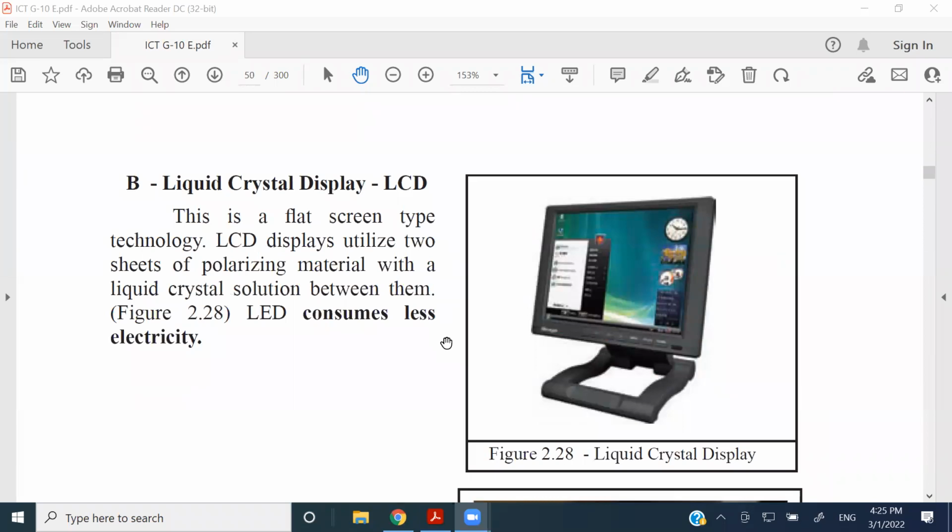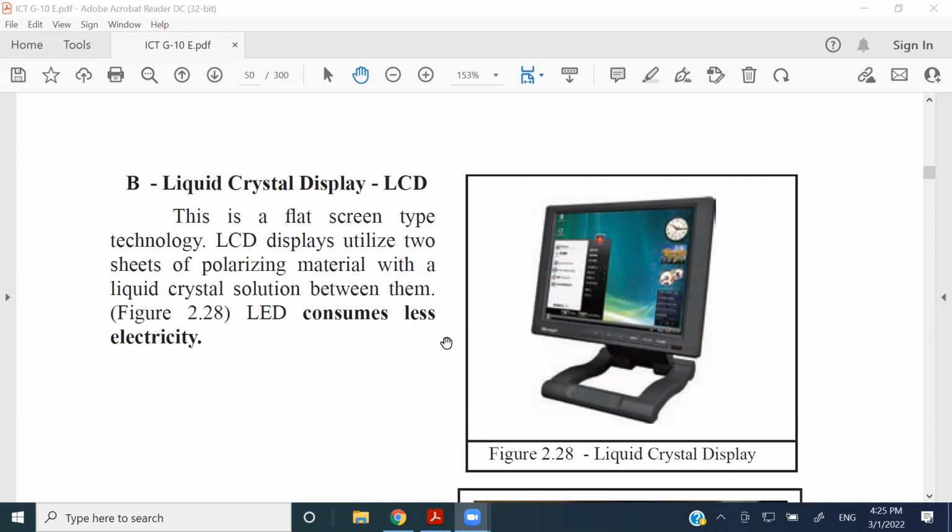And the liquid crystal display is small in size, or rather it is very slim, right? Not as slim as an LED monitor, but comparatively it's slim when you compare it with the CRT monitor, the cathode ray monitor. It consumes less electricity compared to the CRT, but still it consumes more electricity than the LED.